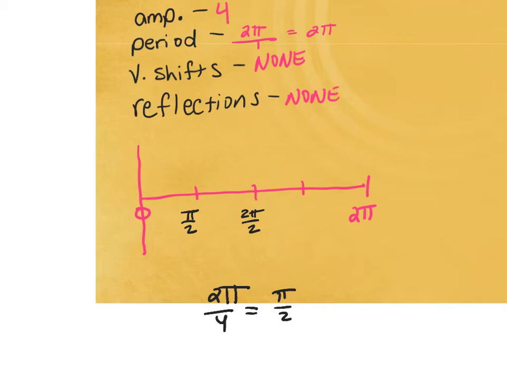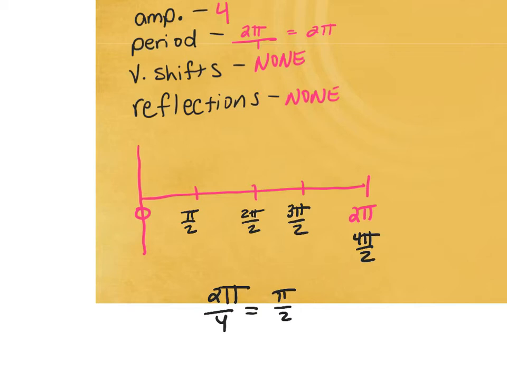So then the third tick mark would be how many pi over 2's? 3 pi over 2's. And the last tick mark would be how many pi over 2's? 4 pi over 2's. So to find the tick marks, you just take the whole time period and cut it into fourths.